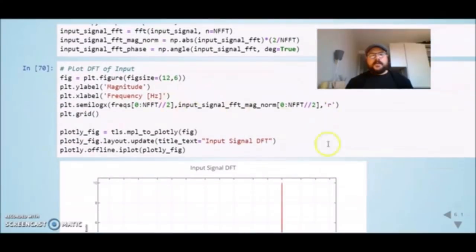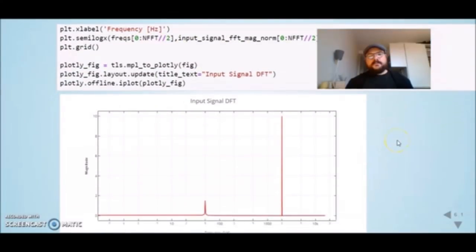So when I plot the magnitude of the FFT, we have here our two components, one at 50 Hertz, another one at 2000 Hertz. So we have here a magnitude of almost 10. But here we already see that our magnitude is 1.5. This is due to the scalloping error.